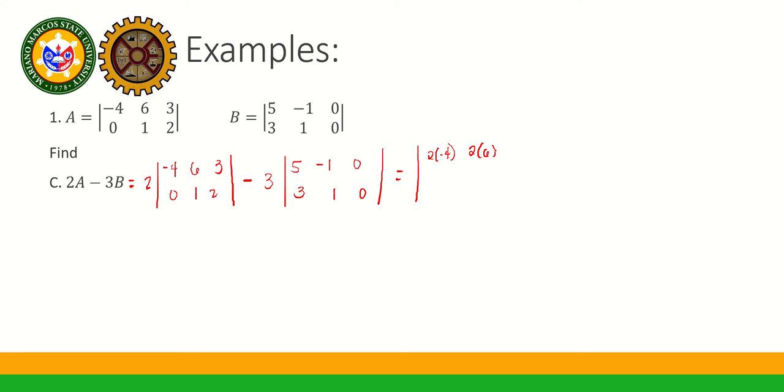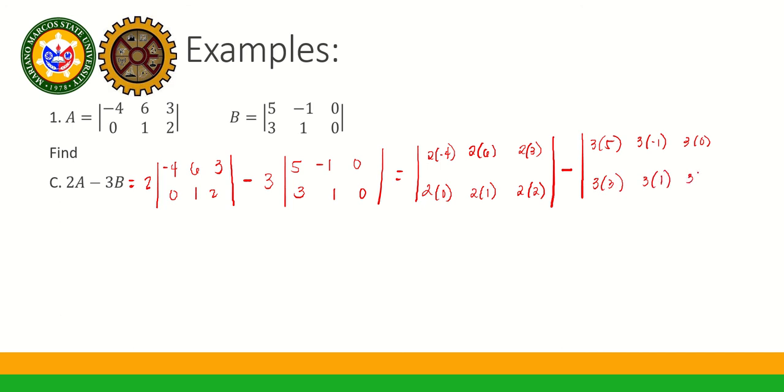Tapos 2 times 6, distribute natin si 2. Then 2 times 3, 2 times 0, 2 times 1, and then 2 times 2. And minus, distribute din natin si 3 dito sa matrix. This will be equal to 3 times 5, 3 times -1, 3 times 0, 3 times 3, 3 times 1, and then 3 times 0.